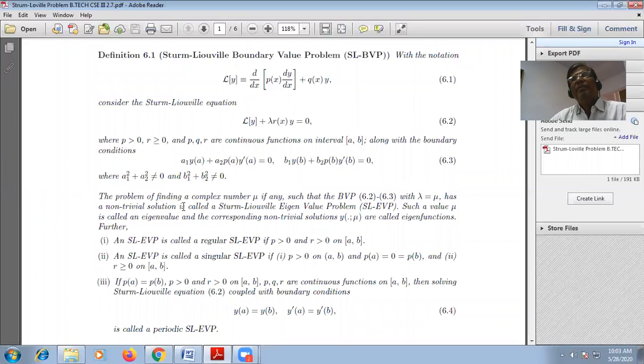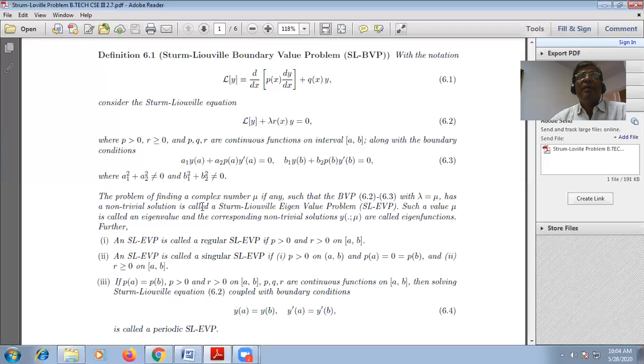I hope that you know the trivial and non-trivial solution from your determinant chapter: what will happen if the value of a determinant is equal to 0 and what will happen if it is not equal to 0. In that case there was the trivial and non-trivial concept. You should remember that fact. So with lambda equal to mu has a non-trivial solution.